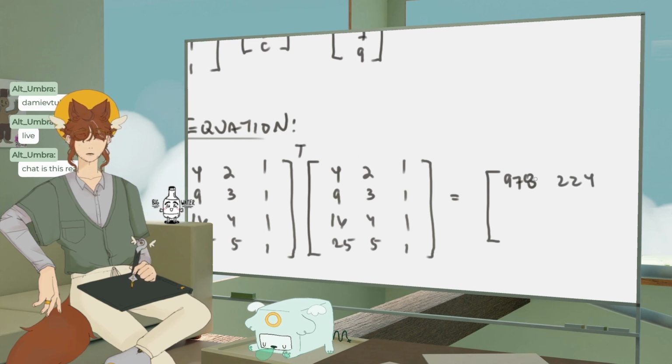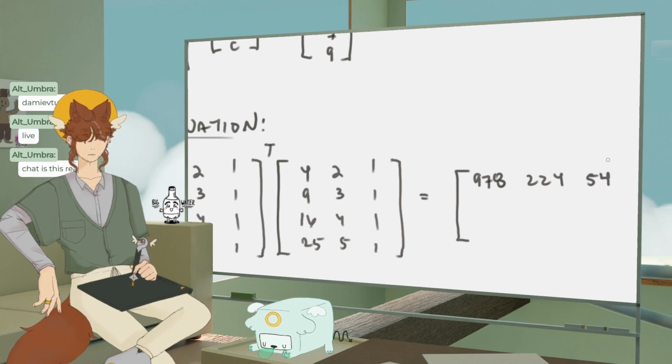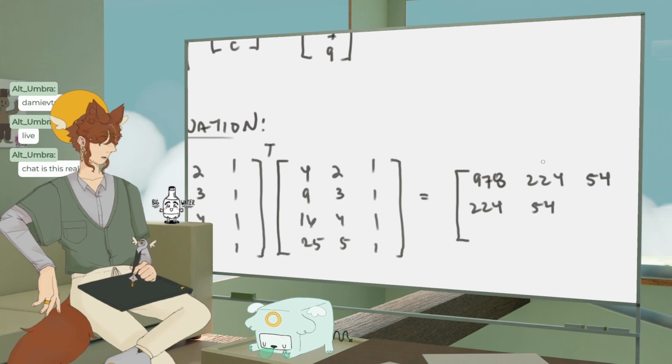And then 4 plus 9 plus 16 plus 25 is 54. So this is going to be 224. And then the second one squared is going to be the same thing as the last one, 54, because they're all squared.